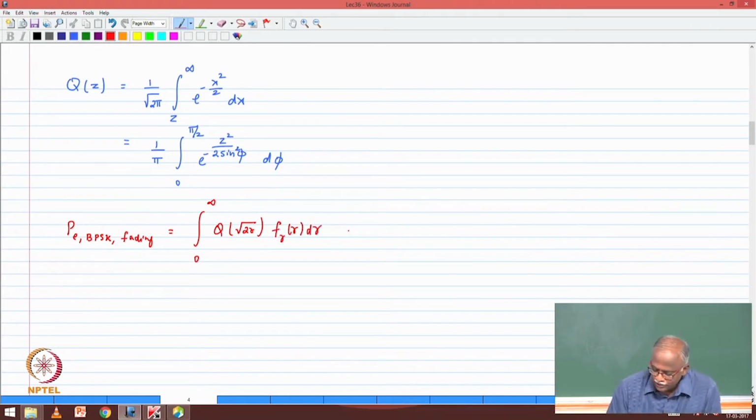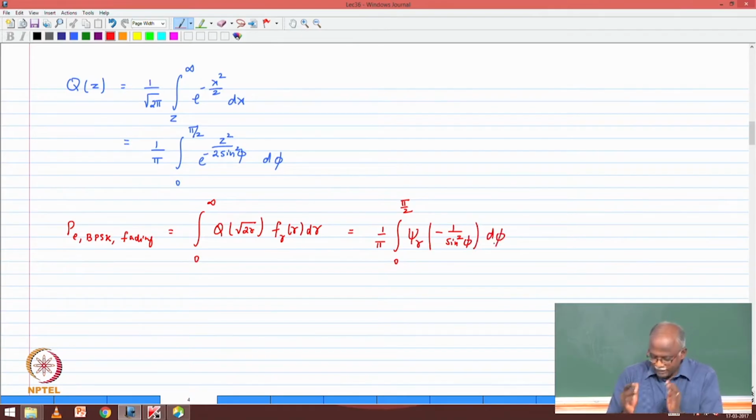And we showed that once you substitute the new form for the Q function, this can be written as 1 over pi, integral 0 to pi by 2, psi of gamma, that's your moment generating function, evaluated at minus 1 by sine squared phi, d phi.